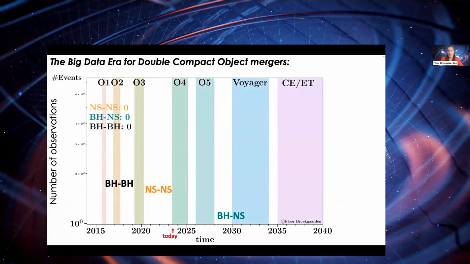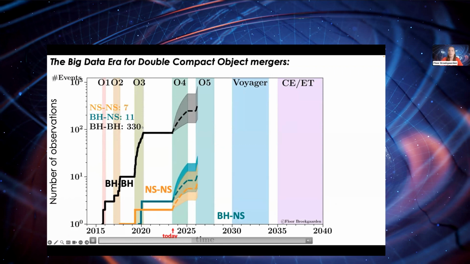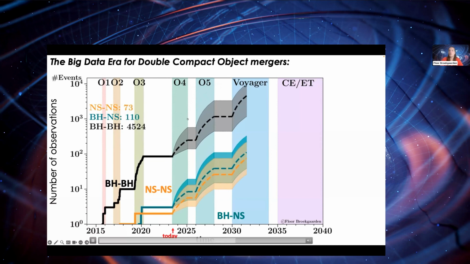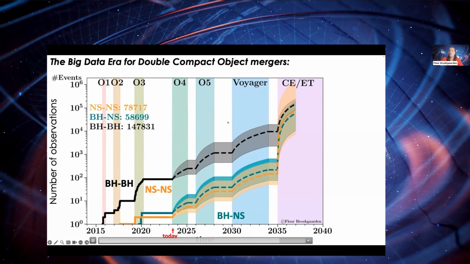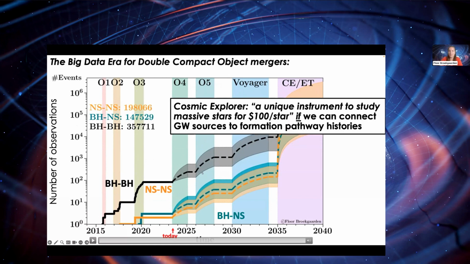This shows you a timeline of the simulations where we maybe started with a few, you know, first 100 detections, but in O4 we're expecting to double it, O5 expecting to double it, and then with these future telescopes, the expectation is that we're going to detect hundreds of thousands of these gravitational wave sources per year, which will just completely dwarf the 100 systems or so that we've seen today, which I think is very exciting.